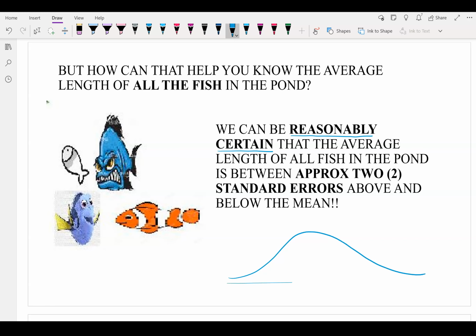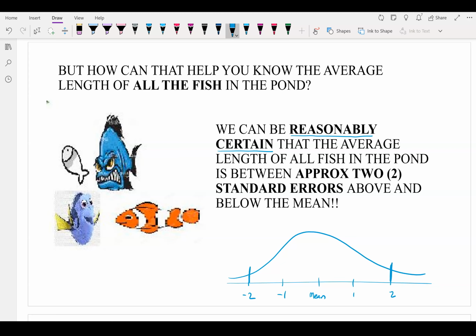So if this is our standard distribution, and this is our mean, then we have -1 standard deviation, -2 standard deviations, 1 and 2.